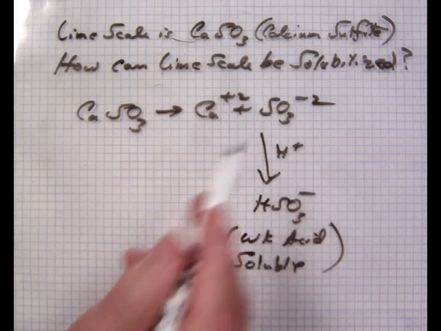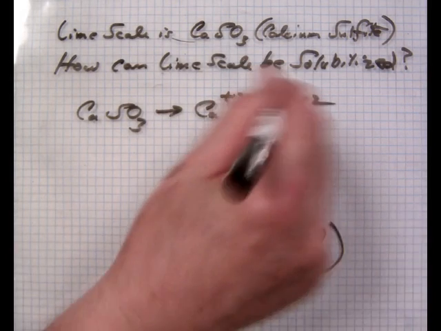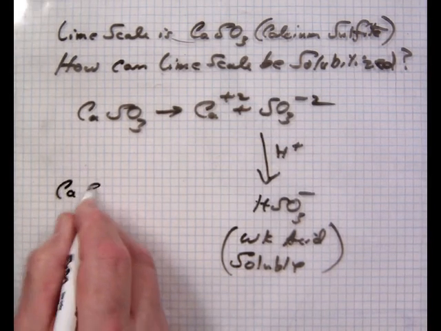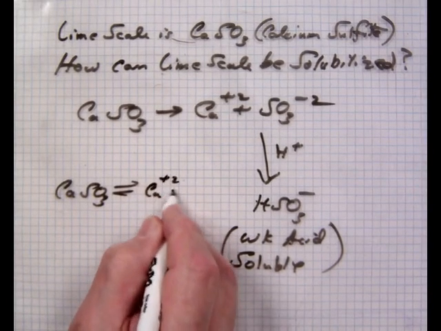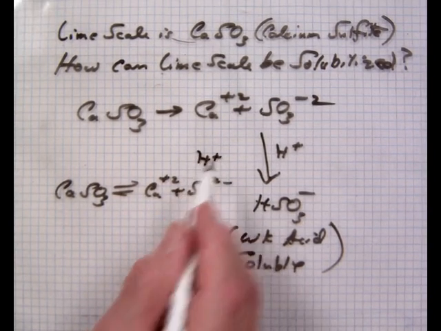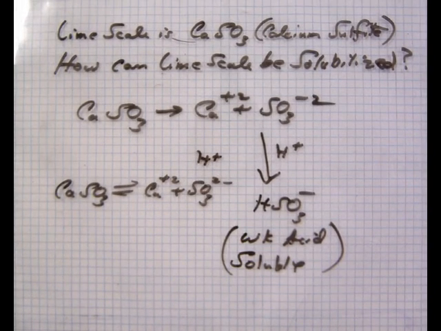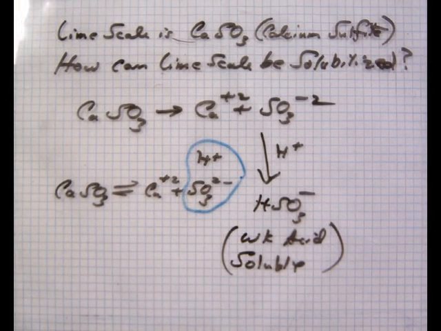But when you put this acid in, it's like the excess OH and excess hydrogen. If you put excess OH into a weak acid buffer, then the H will combine with the OH. Well, H combines with the sulfite here. Calcium sulfite, calcium +2 plus SO3 2 minus, and if you put the H in right there, this will combine right here into a hydrogen sulfite, which solubilizes.